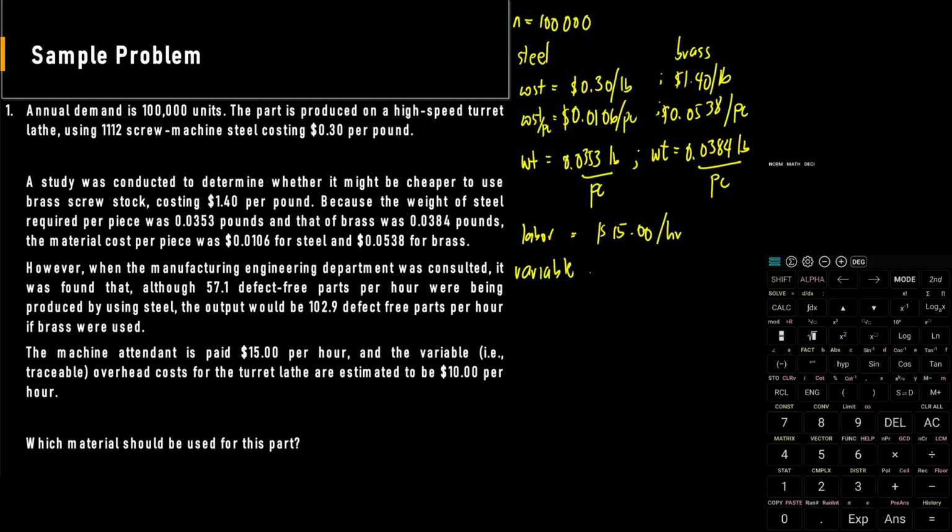Ito yung variable overhead cost, equals $10 per hour.